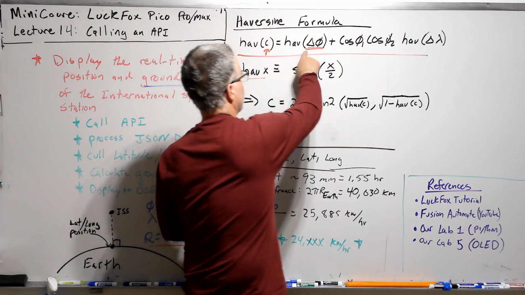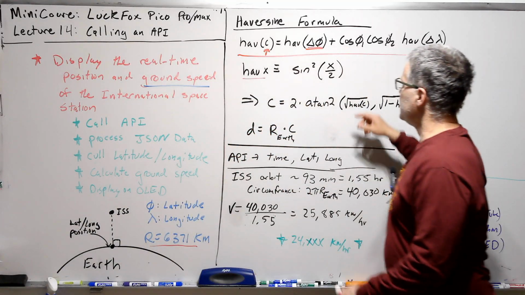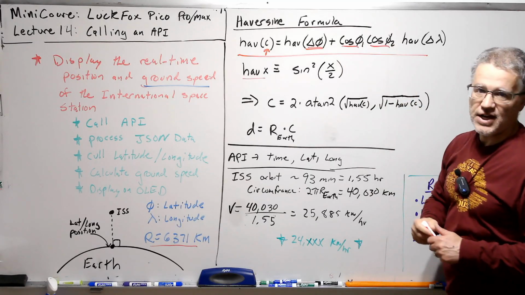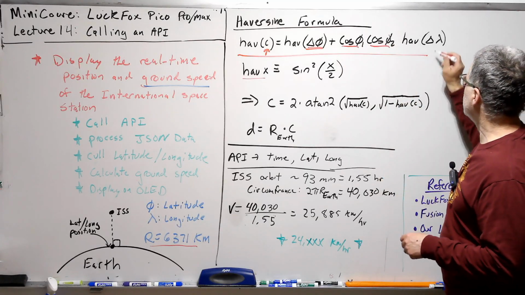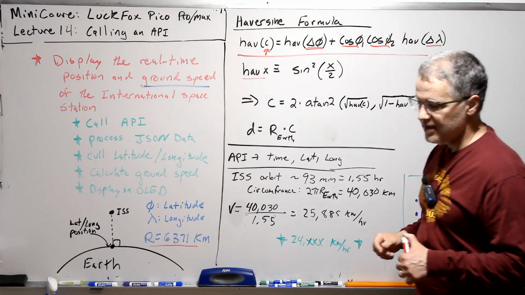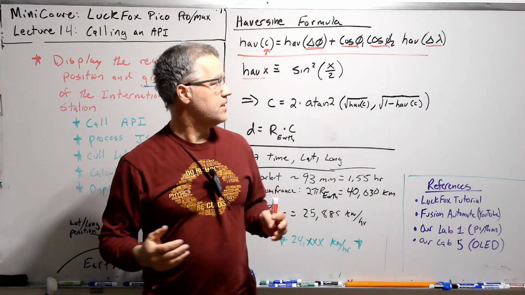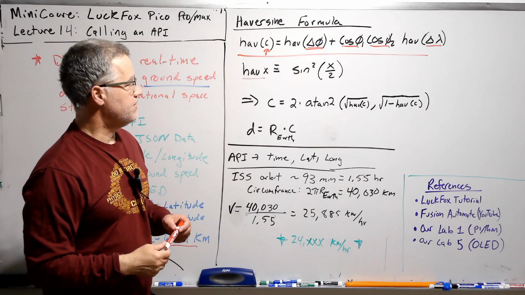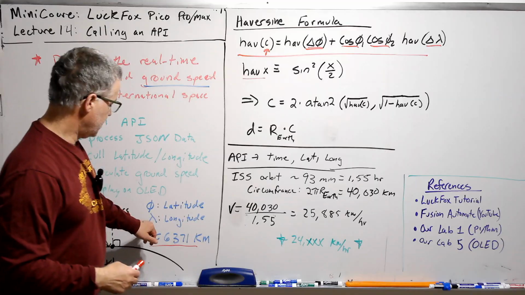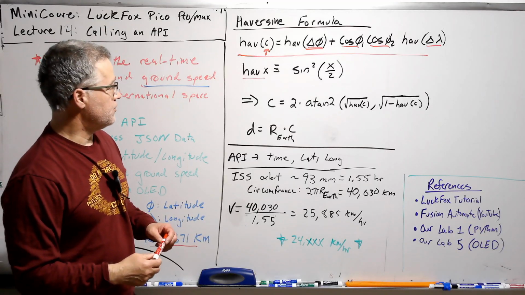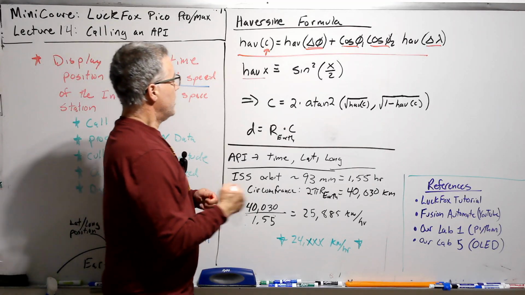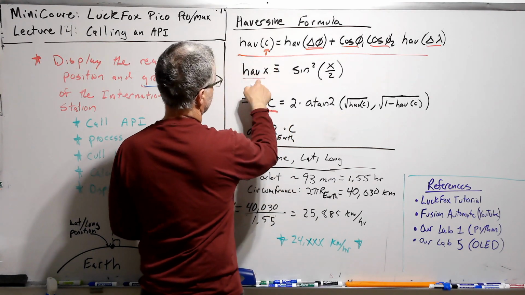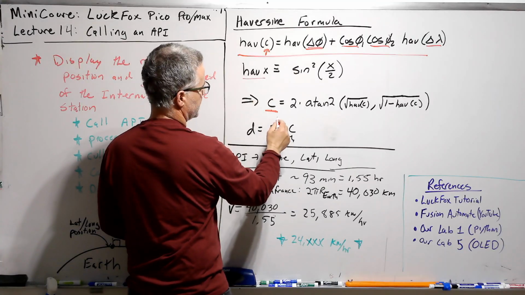We'll take the Haversine of the change in latitude, then the cosine of each of those individually, and that multiplies the Haversine of the change in longitude, lambda. To pull out c from this, this formula will give us the Haversine of c.